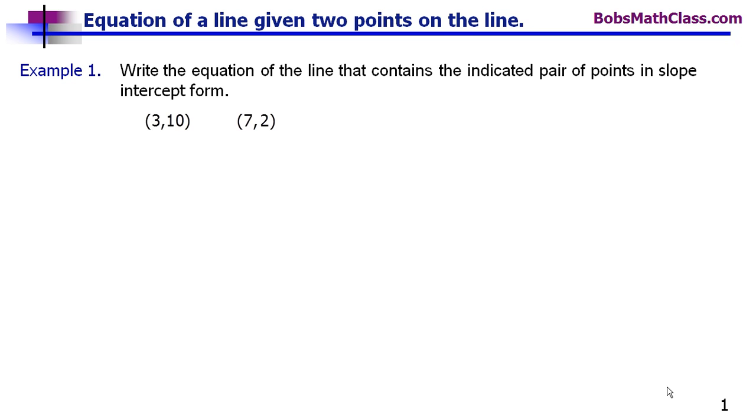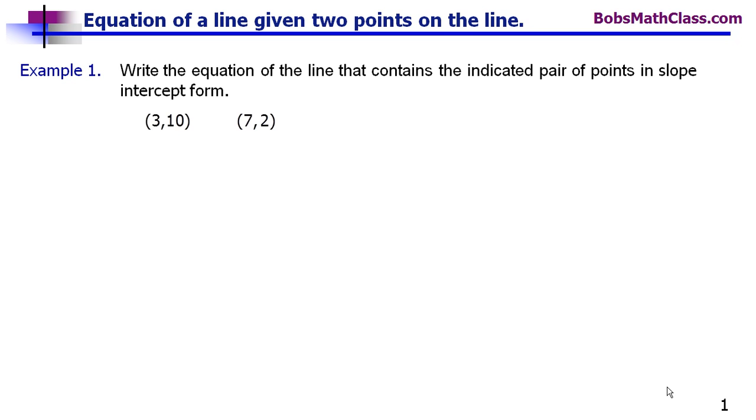Okay, so let's think about y equals mx plus b. What are the two things we need to find the equation of a line? We need the slope, we need m, which is the slope, and we need b, which is the y-intercept. So try to be thinking of what do you need.